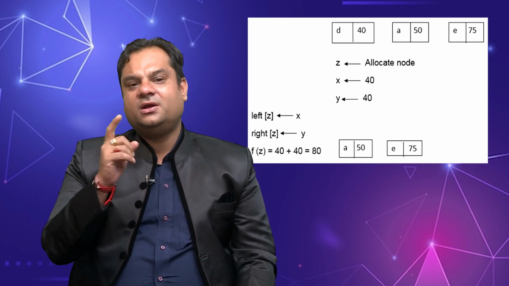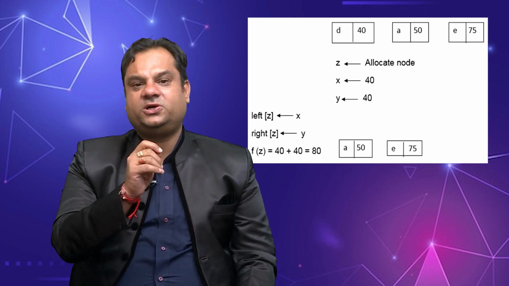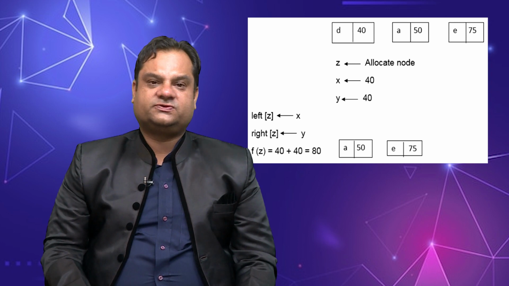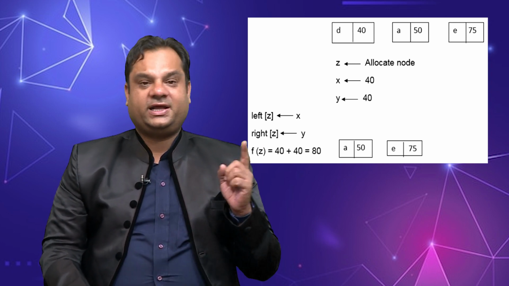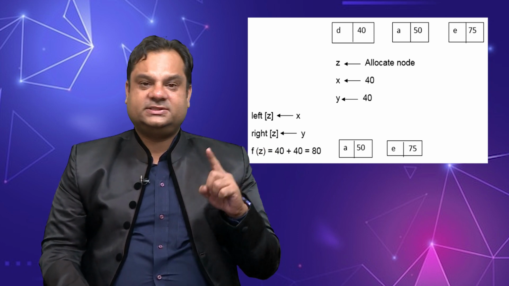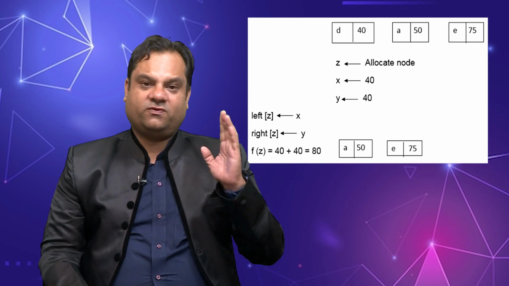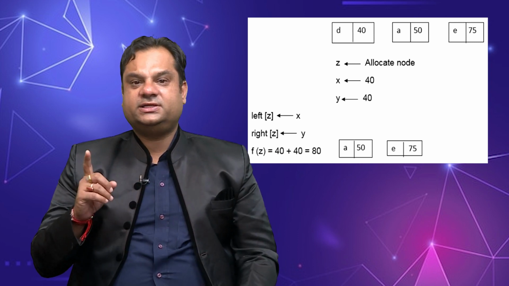First we pick the D character, because its frequency is less compared to the rest of the characters. We already have the X value that we generated with the help of B and C, which is also 40. So X is 40, D is 40, A is 50, E is 75.